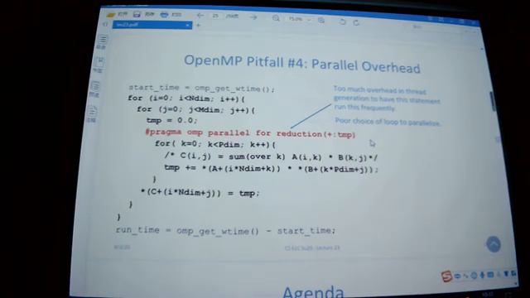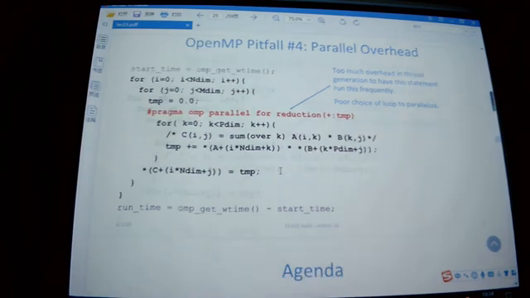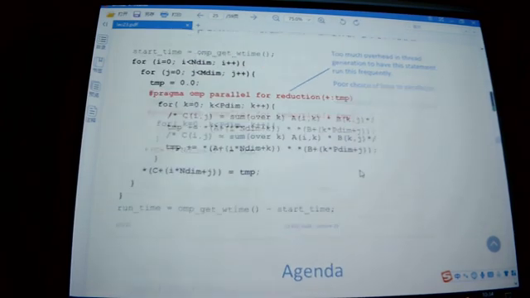Temp is a shared variable. If we use this function to calculate, we can divide the work among threads, for some code, for some process. So you can see OpenMP pitfalls are about parallelization.